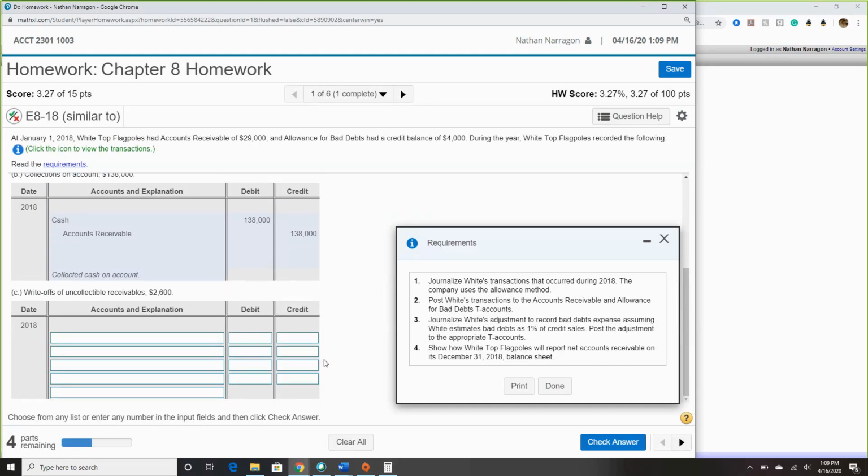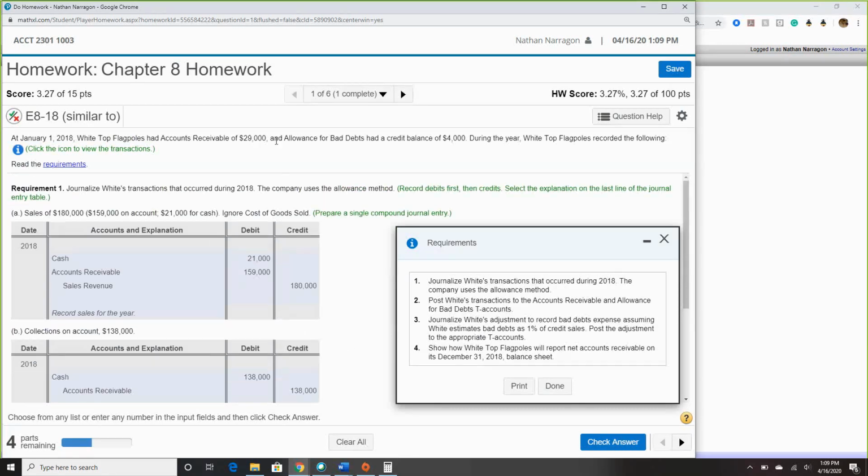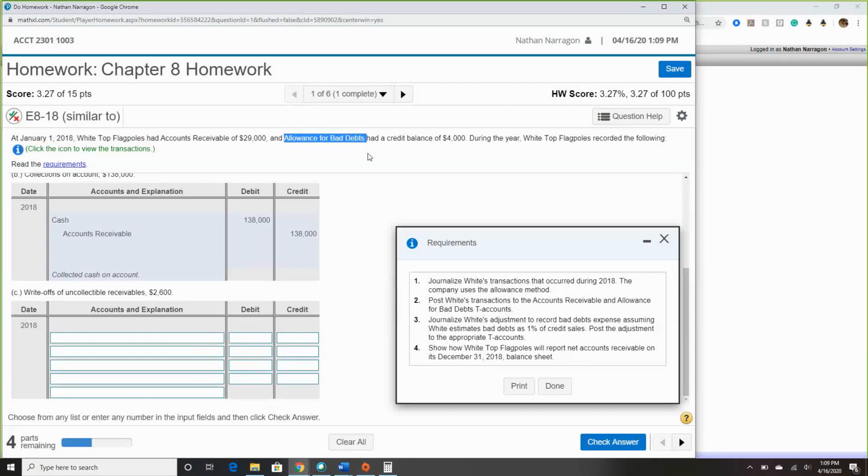Alright. Next, we wrote off uncollectible receivables. Now, this we have to check on. Since we can tell that they have allowance for bad debts, this is not a direct write-off. This is an allowance method.